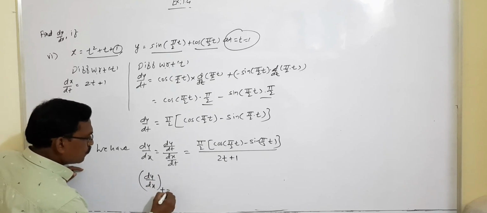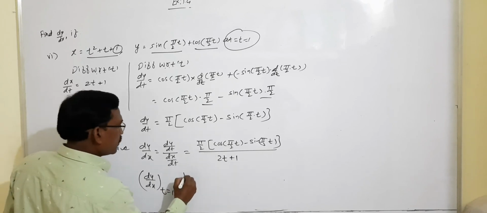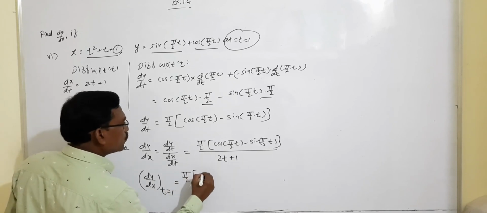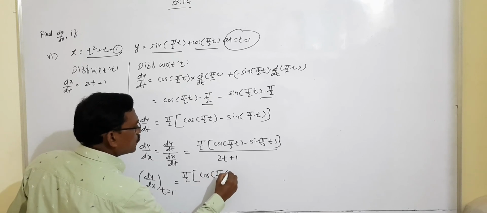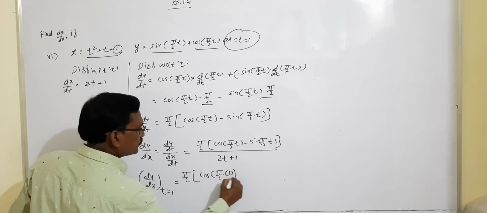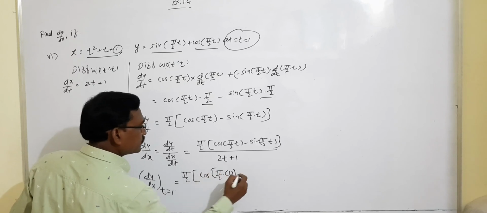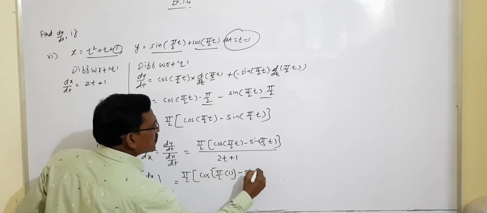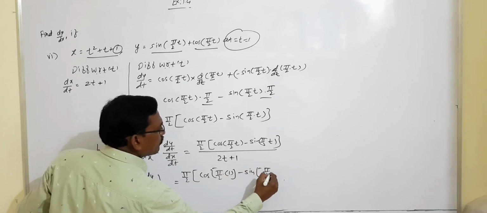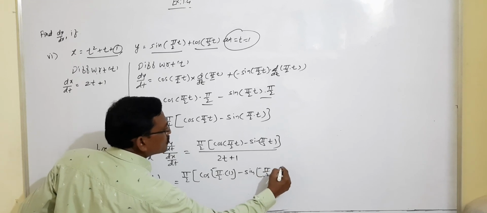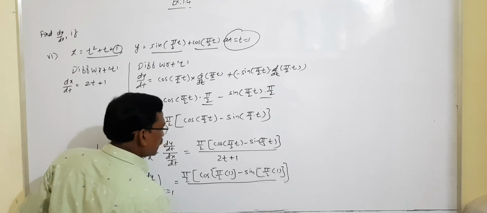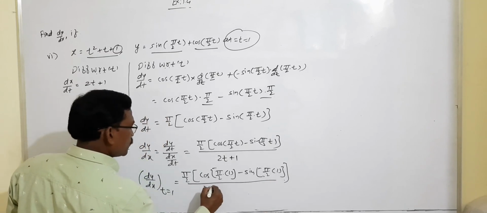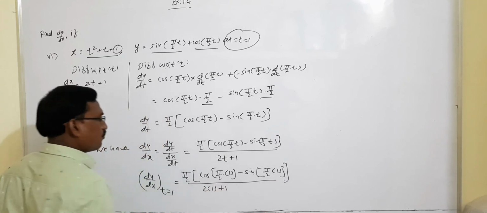So dy by dx at t equal to 1 is equal to pi by 2 into cos of pi by 2 into t, with t equal to 1, minus sine of pi by 2 into t, with t equal to 1, divided by 2 into t, with t equal to 1, plus 1.